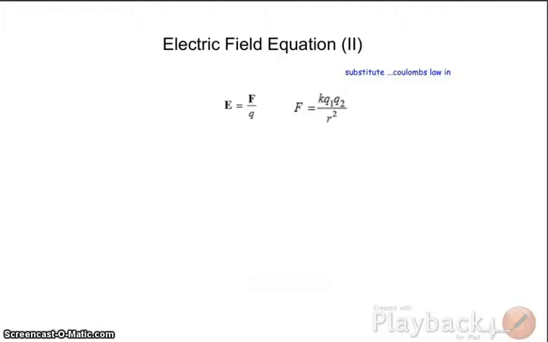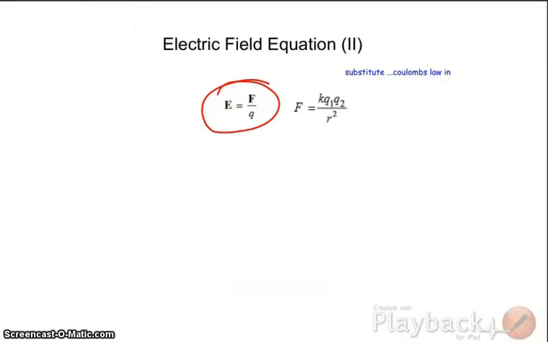This equation tells us that the greater the charge in the same electric field, as we increase this and E stays the same, F would increase. So the greater the charge, the greater the force felt. The greater the electric field, the greater the force felt.